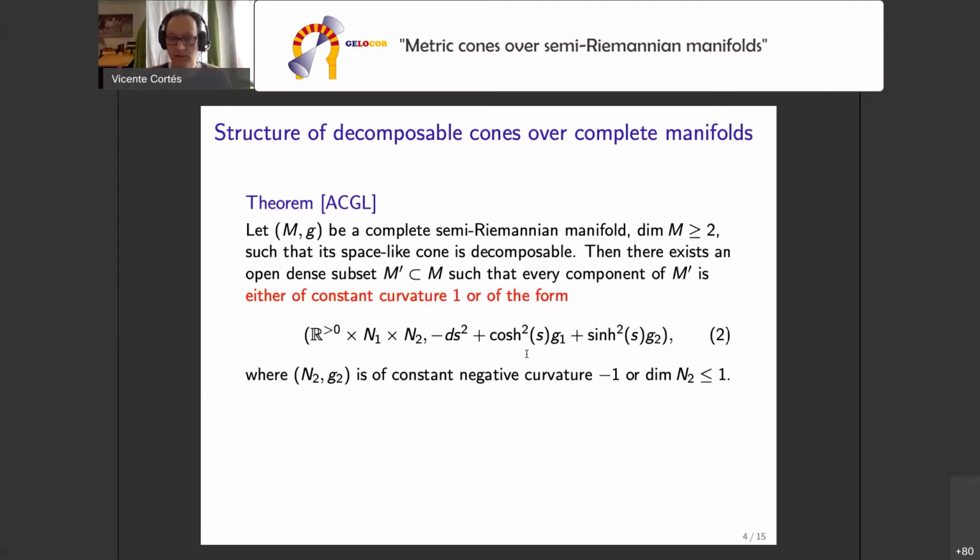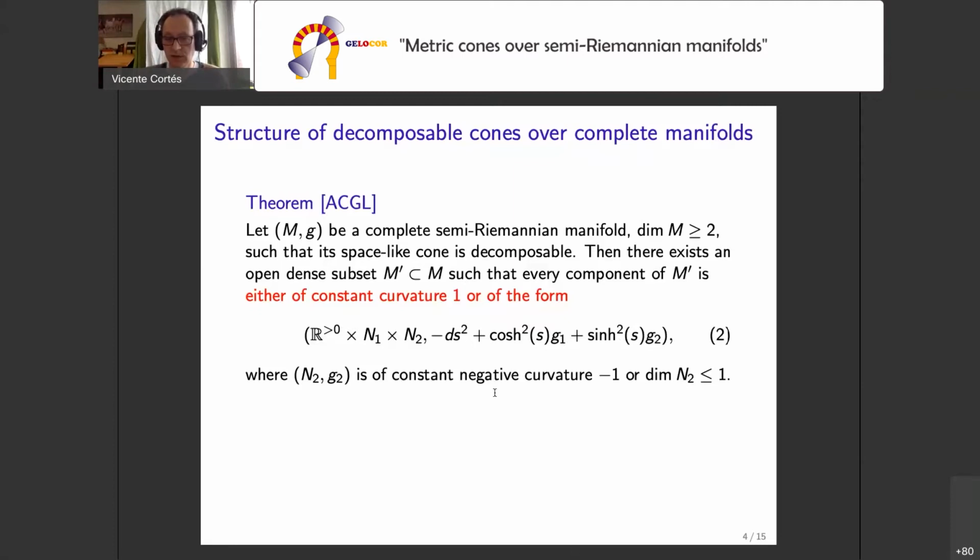So it is such a double warped product over a line with warping functions sine and cosine, hyperbolic sine and cosine. And here G1 is a completely arbitrary semi-Riemannian manifold. So G1 is arbitrary, but G2 is special. G2 is of constant negative curvature, -1, or of dimension less or equal to 1.